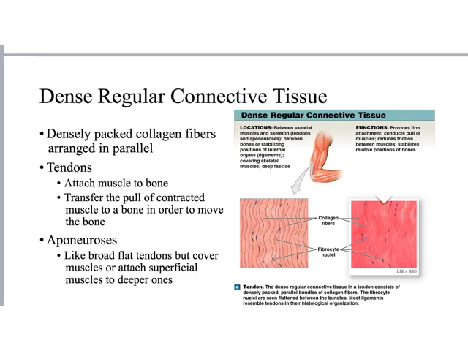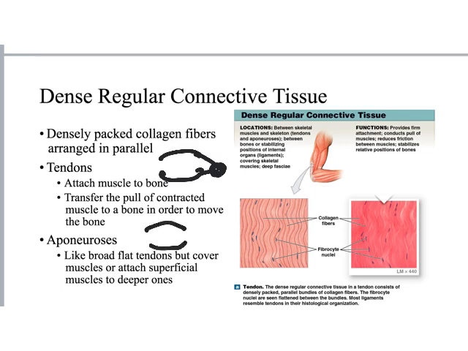Aponeuroses, I just want to introduce you to the term. It's very similar to a tendon, but it is thinner and broader than a tendon. Tendons tend to come from a muscle, and if you've got a muscle here, the tendons tend to get more narrow and very concentrated, very dense at the place where they attach to the bone.